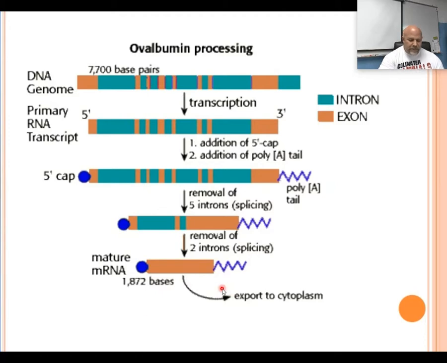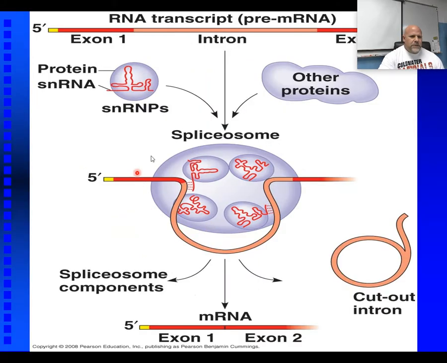How do we get rid of these introns? Oh, one easy way to remember what you get rid of and what you keep: introns stay in the nucleus, and exons, the gold parts, exit the nucleus to go do work. So how do we get rid of the introns?